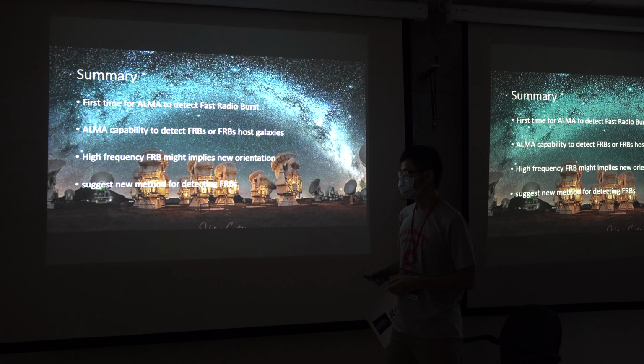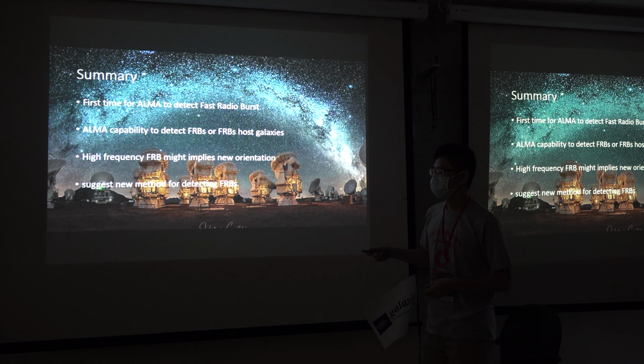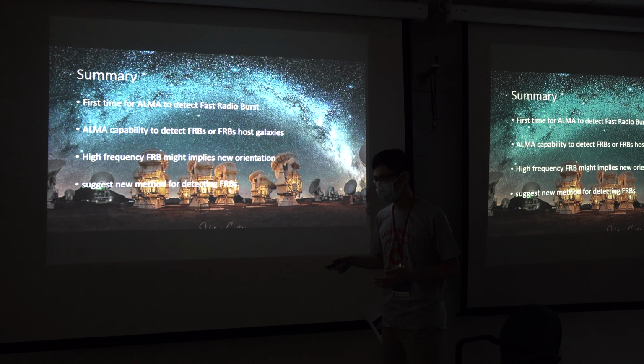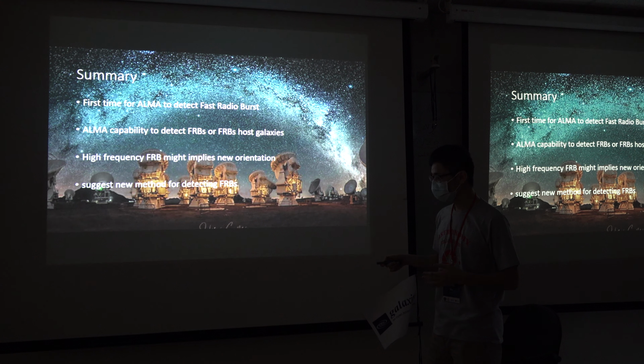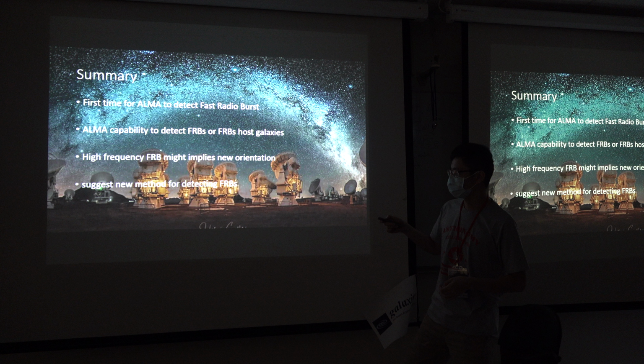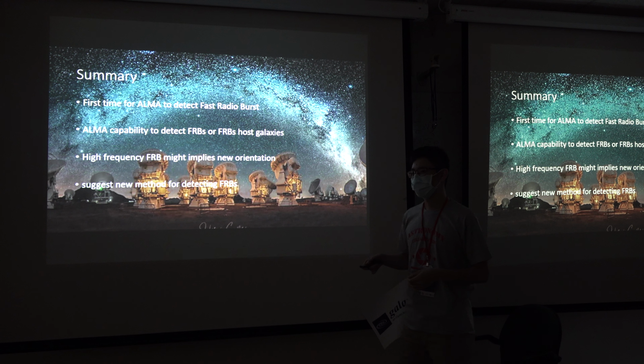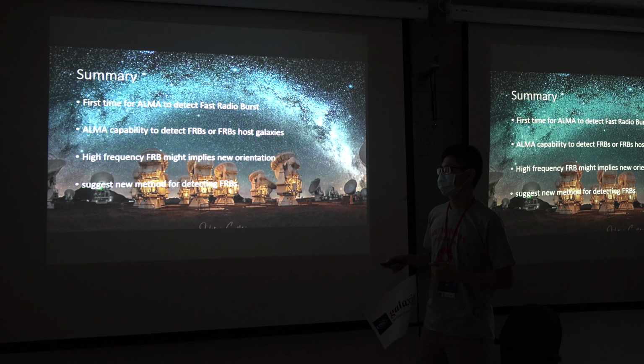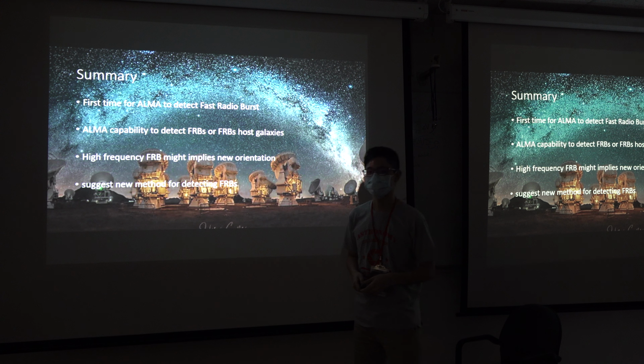And the high frequency FRB detected by ALMA implies new orientation of FRB or new physics. And we also suggest a new method for detecting FRB, not only using FAST or CHIME, but also ALMA. And this is my talk. Thank you.